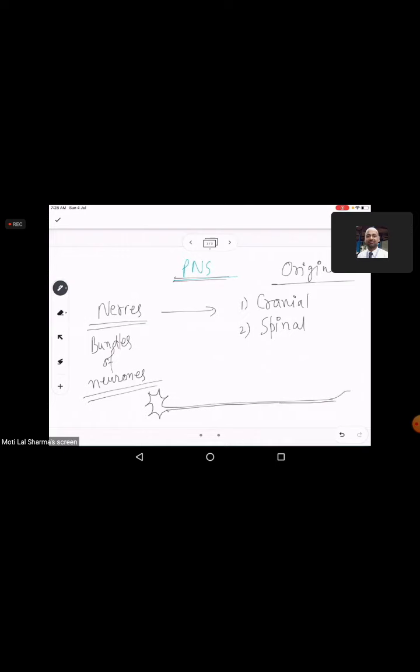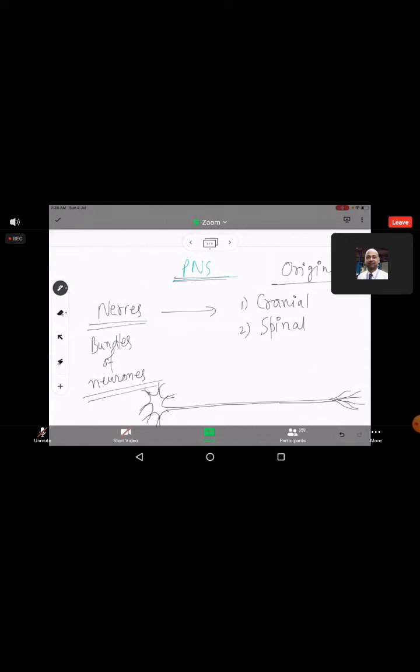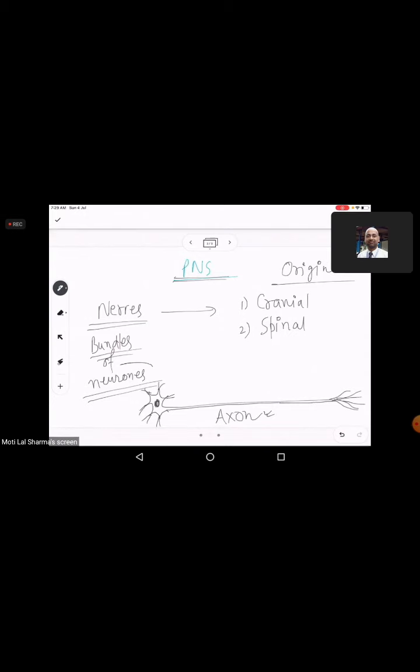We know our multipolar nerve cell is something like this. Here, one nucleus is there. When you think of this nerve cell, which part is the longest part? Obviously, this part. This is what we call the axon. So when I say a nerve is a bundle of neurons, actually a nerve is a bundle of axons.